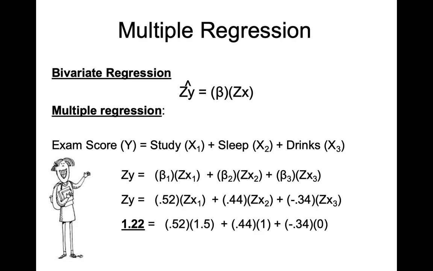Okay, and so what we're able to do is still come up with a prediction equation, substituting in different values along the lines of, okay, I know if this person scored 1.5 standard deviations above the mean on study hours, one standard deviation above the mean on sleep, and scored at the mean on number of alcoholic beverages consumed the night before, that will lead me to predict that this person will score 1.22 standard deviations above the mean on the exam.